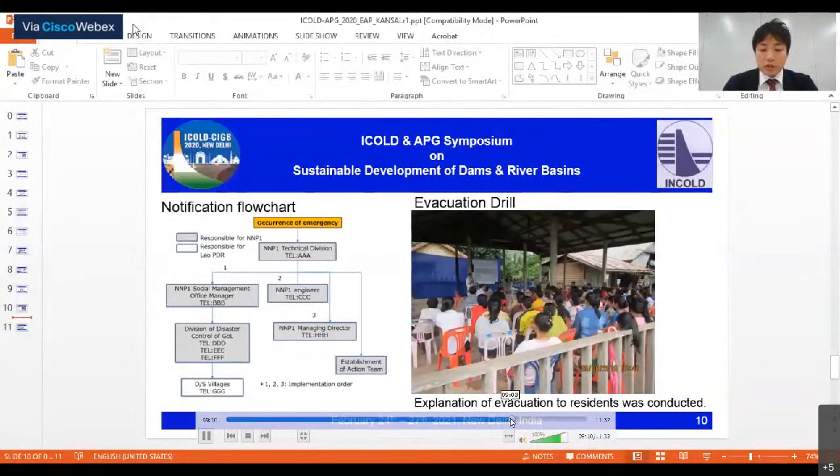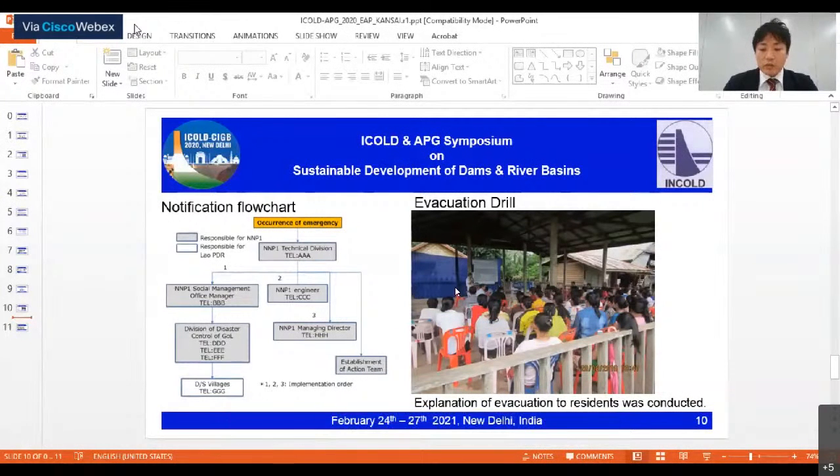The notification flowchart is shown in the left figure. According to the agreement with the Lao government, NNP1 does not have responsibility for notification and evacuation of residents. However, NNP1 is making the effort to work cooperatively with the Lao government.